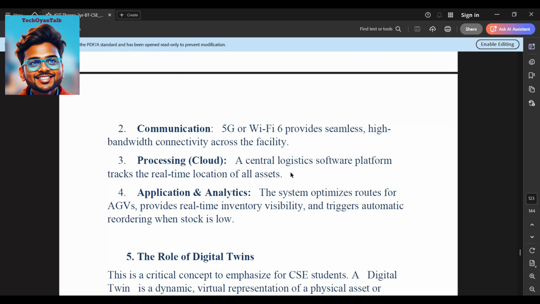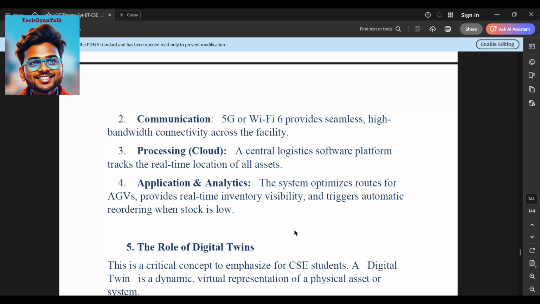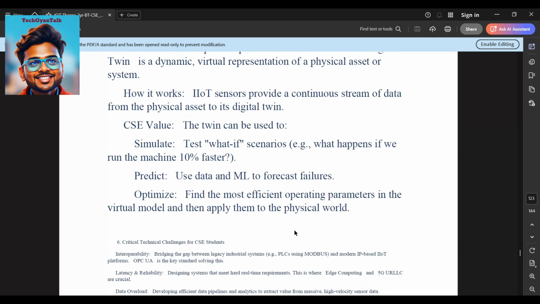Processing in the cloud: a central logistics software platform tracks the real-time location of all assets. Applications and analytics: the system optimizes routes for AGVs, provides real-time inventory visibility, and triggers automatic reordering when stock is low.